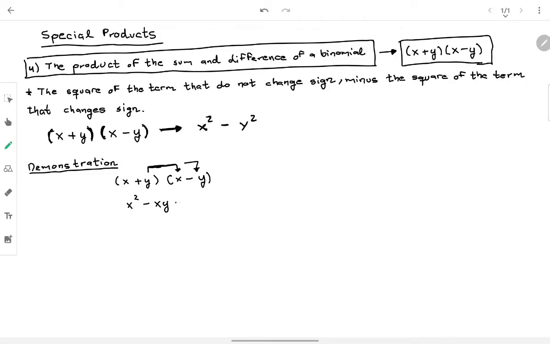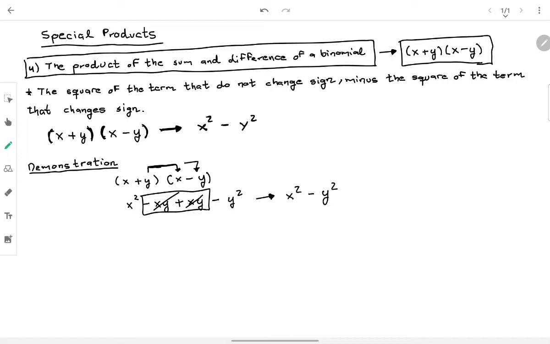So it will be plus xy minus y squared. Then xy and minus xy, we can eliminate, and that's why the final answer and the simple demonstration of this one is x squared minus y squared.